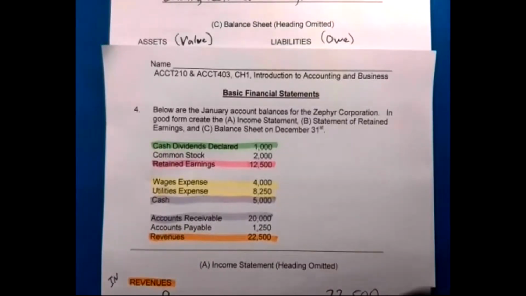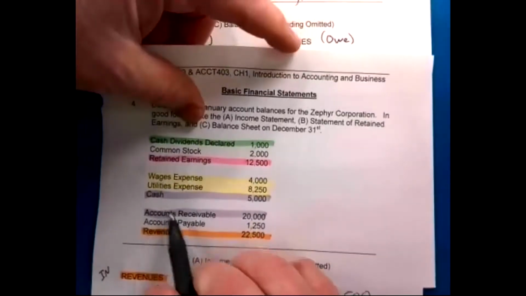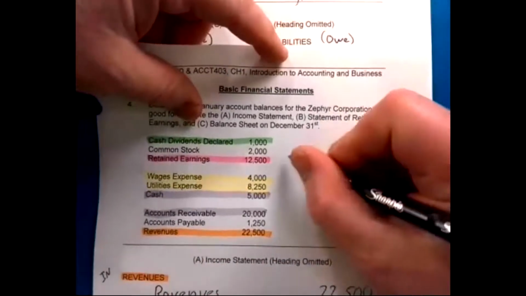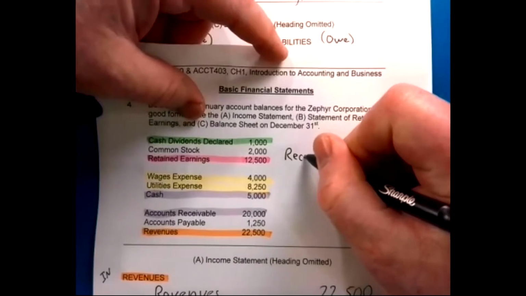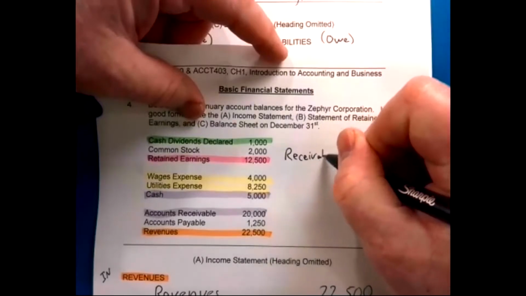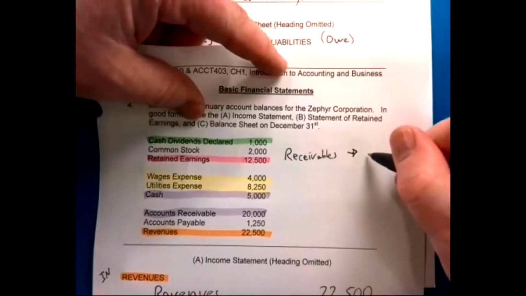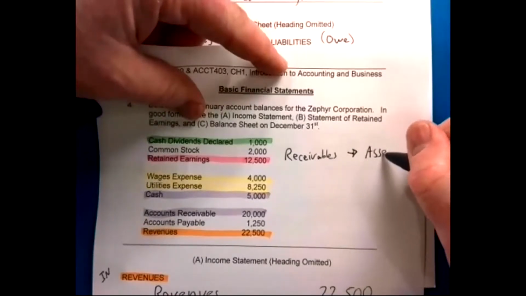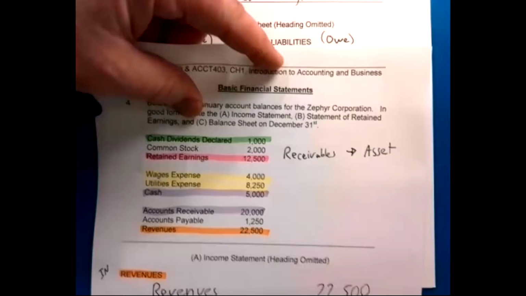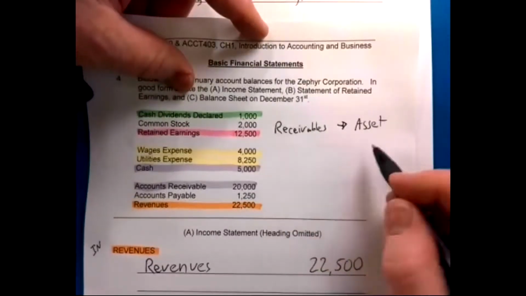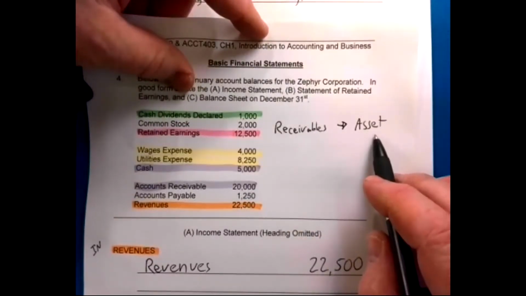Let me write something here just to clarify the difference between receivables and payables. Anytime you see receivable or receivables, it's going to be an asset.